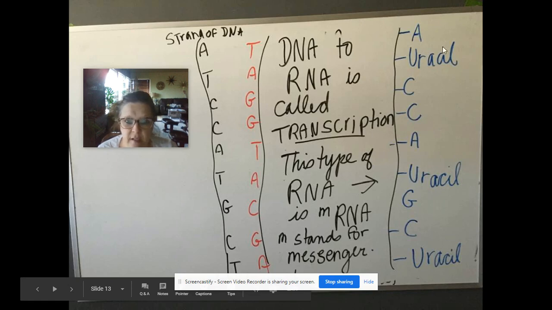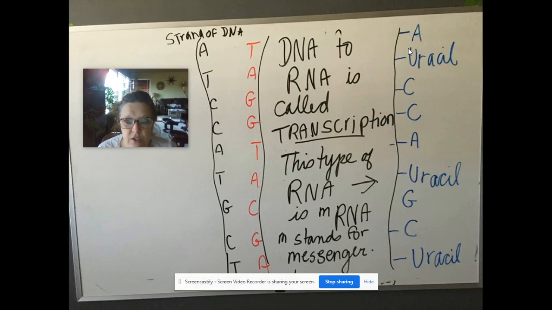And that makes perfect sense because it's taking a message from DNA and it's taking it out into the cytoplasm and it's delivering that message, which is a code, which is going to tell the machinery in the ribosomes how to read it and make proteins.